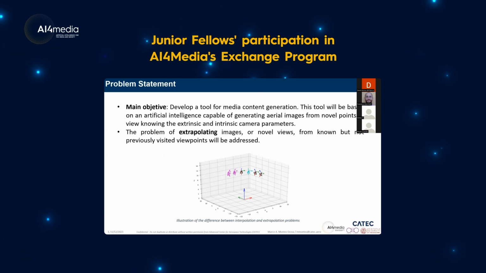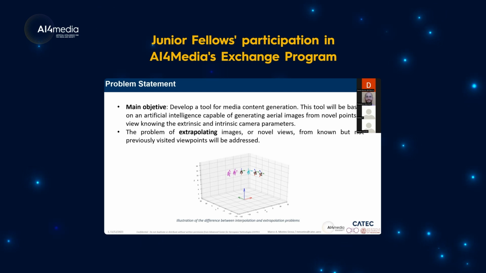but not previously visited. Okay, so basically to understand more or less the problem, when you are trying to generate novel views, you have two kinds of problems. The problem of the interpolation that is shown in this diagram with the cyan. I don't know if you can see my mouse, but it's shown with the cyan or with the blue axis.